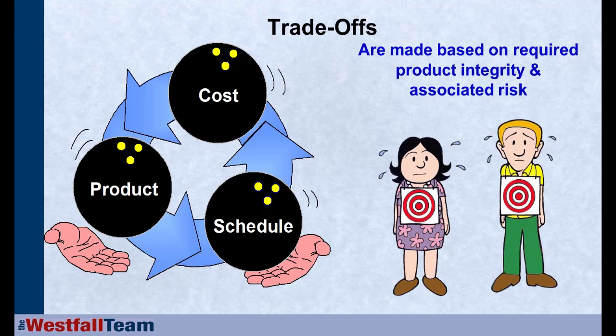And this is always going to be a basic risk-based decision. So we're going to make these trade-offs based on risk and based on the integrity level of our product. If we need higher integrity, we're going to spend more and take longer to get there. And for each individual component, we're going to look at the risk of that component. So we'll talk about considerations when we're making these trade-off decisions throughout our product and project.